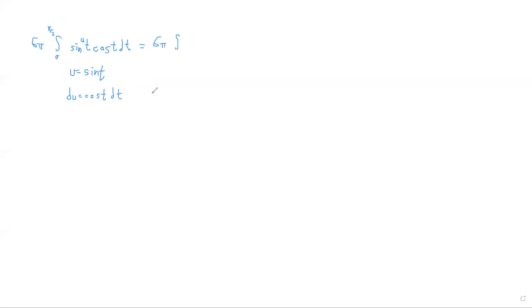And now we put the u bounds: sine of 0 is 0, and sine of pi over 2 is 1. So it's from 0 to 1, u to the 4th du, and I already calculated this, that's 6 pi over 5.